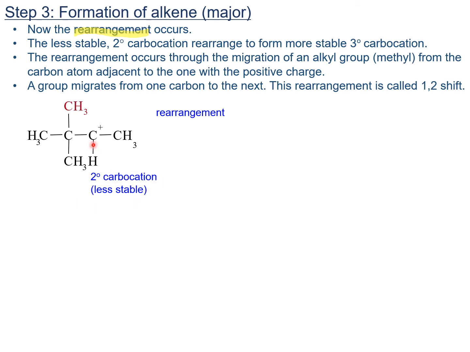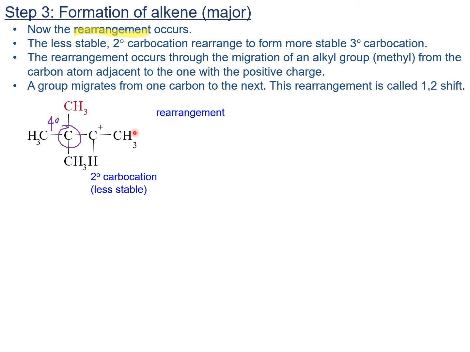Tapi you know that this secondary carbocation dia boleh jadi tertiary carbocation. Sebab kenapa? Dia berjiran dengan quaternary carbon. Okay, this carbon is quaternary carbon. Okay, so dia ada chance untuk jadi tertiary carbocation by doing rearrangement.